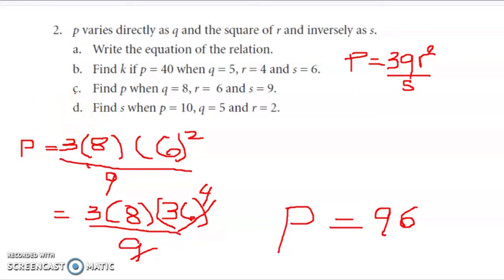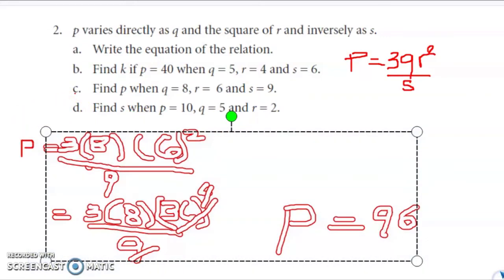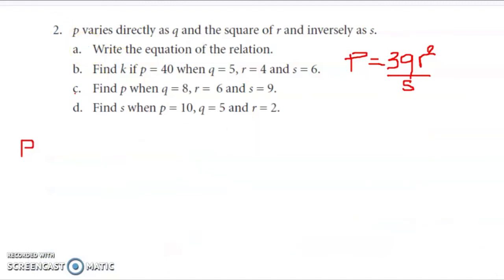How about for D? So let us solve for D. Now for D, we are asked to find S. Again, same equation, we simply substitute. P is 10, is equal to 3. Q is 5, so I'll be substituting that with 5.